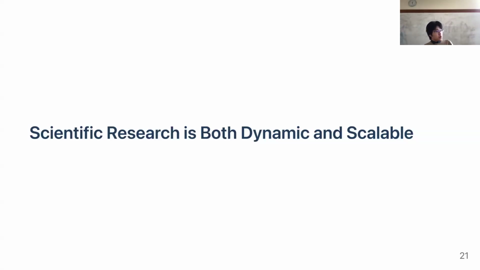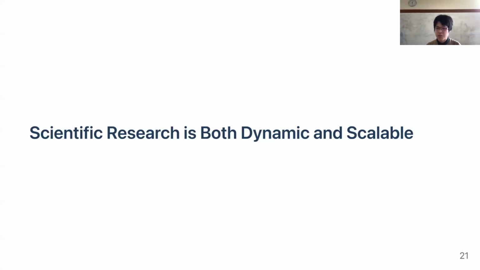So why is this important? Our scientific research is at the same time very flexible and dynamic. We change our parameters all the time. We make very subtle changes to our protocols. But also sometimes you want your data or your method to be scalable.